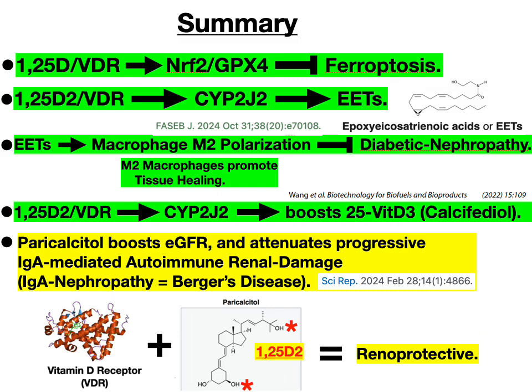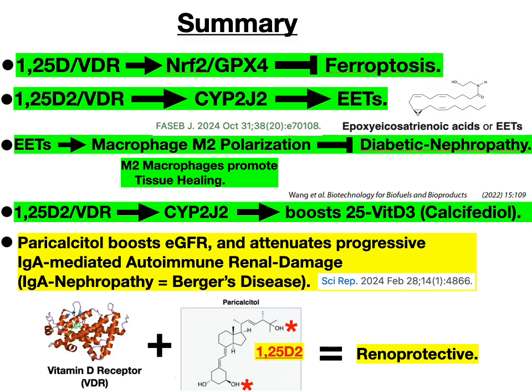The therapeutic benefits of EETs for the treatment of diabetic nephropathy also has important implications for the treatment of COVID and long COVID, not only for suppressing inflammation and macrophage-induced damage in the kidneys, but other visceral organs as well as the central nervous system.